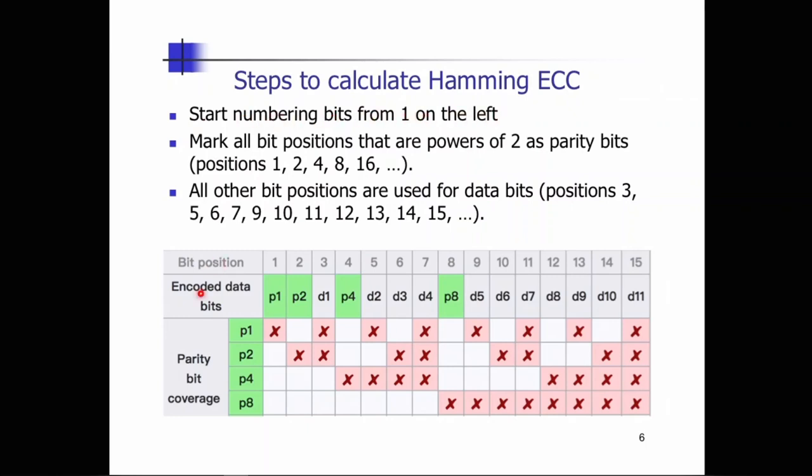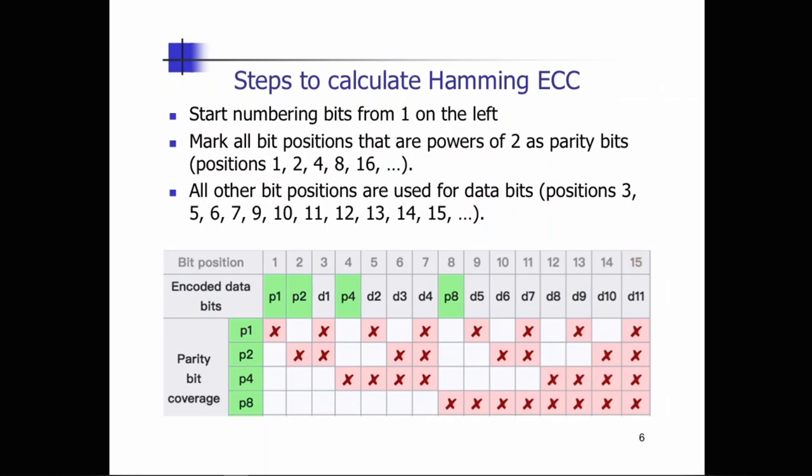So as you see in this table over here, the bit position starts with a 1, which is very different from the traditional bit numbering scheme that we use, starting from 0. So we are starting from 1 here, so that we talk about the first bit, second bit, and so on for the parity and the data, all the bits. So we have bit position going from 1 to 15.